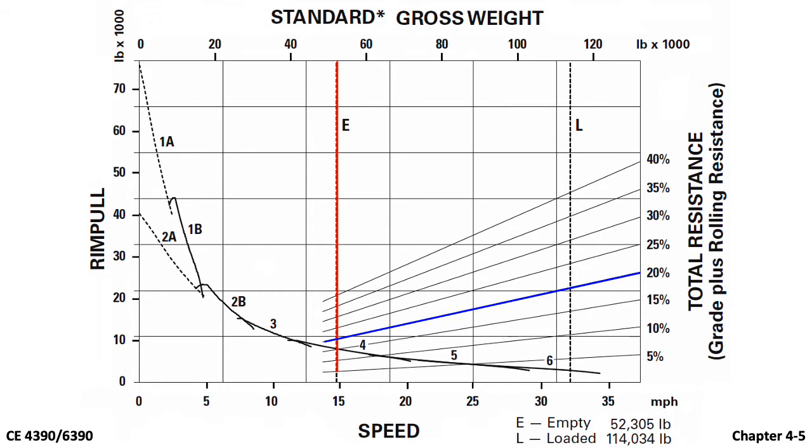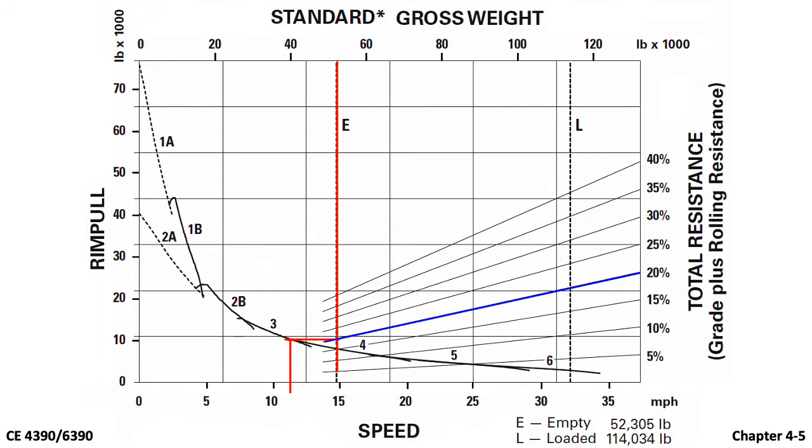Now you find the intercept between these two lines. At the intercept, you go horizontally until you meet the gear curves. Then you go vertically down to identify the speed. So in this case, it is around 11 miles per hour.